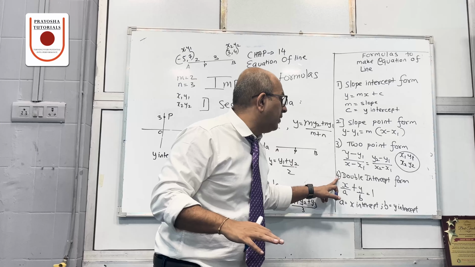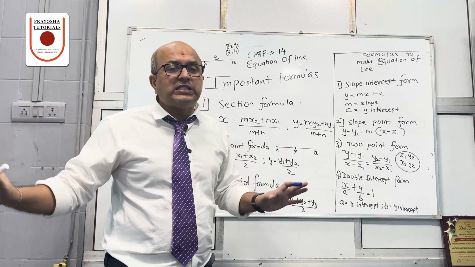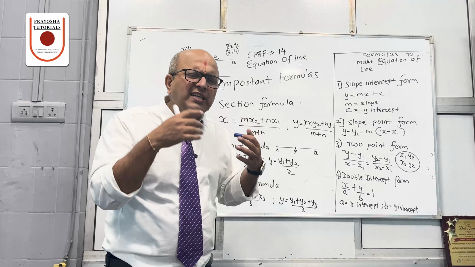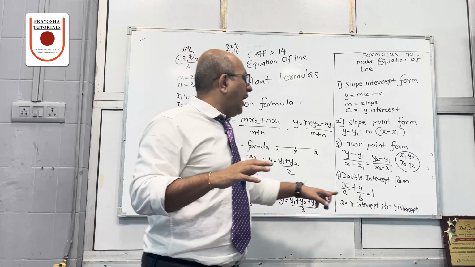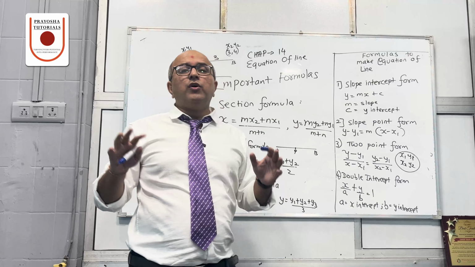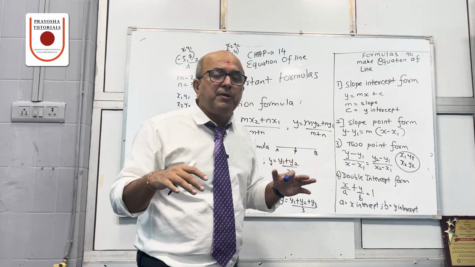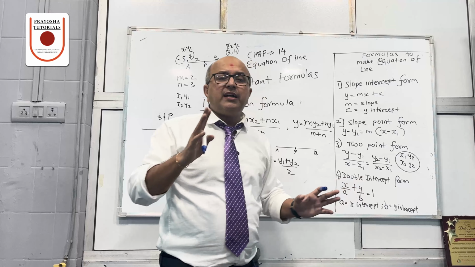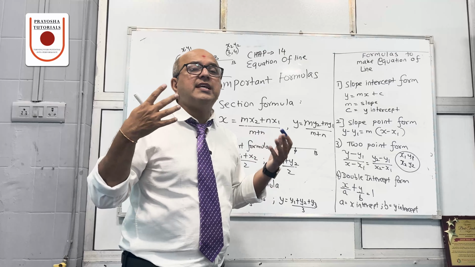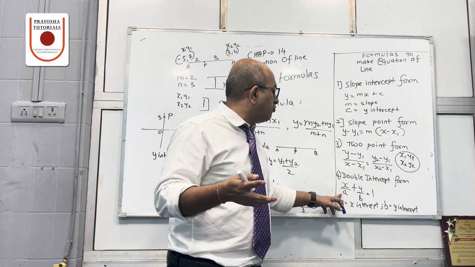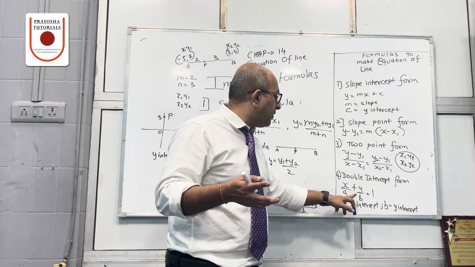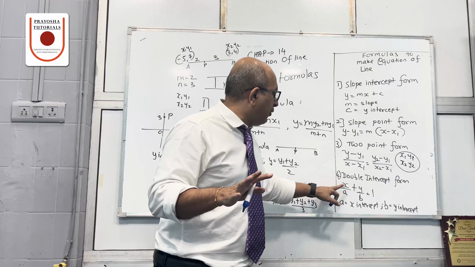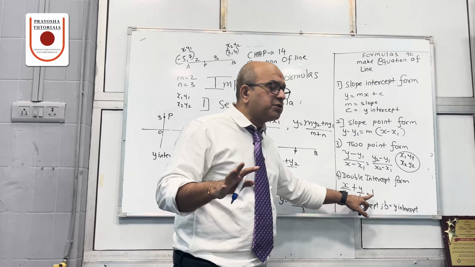Now the last formula, a little more easy. When we have the value of the x-intercept, let's say x-intercept as 3, and when we have the value of the y-intercept, which in this formula is represented by the letter B, let's say B is equal to 7, we have to substitute the values of A and B in this formula. The formula is x upon A plus y upon B is equal to 1.